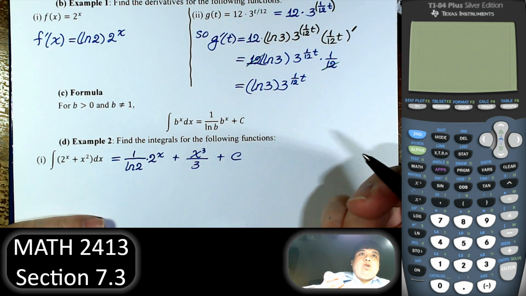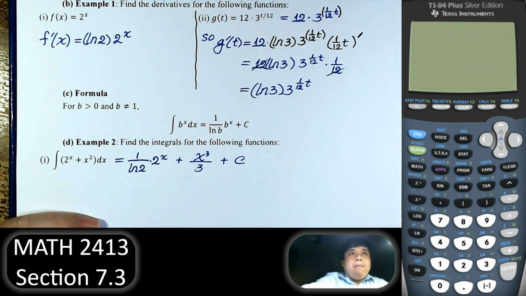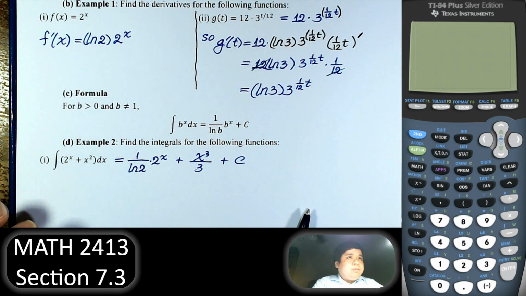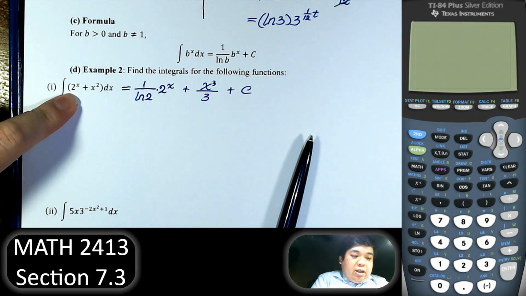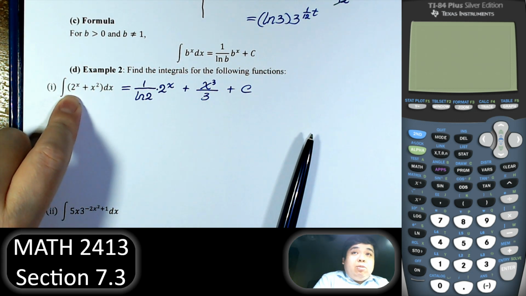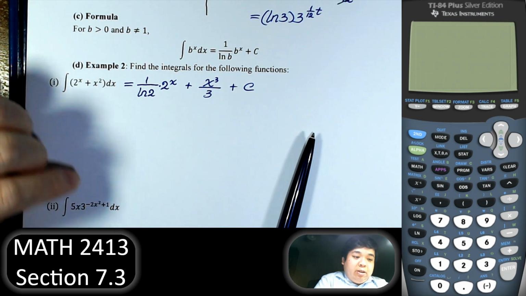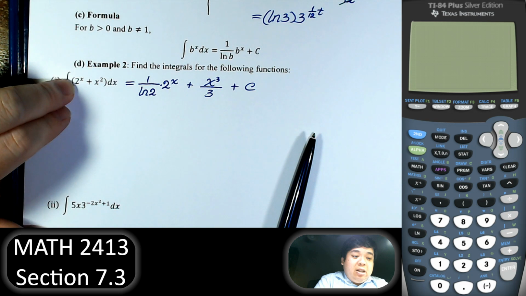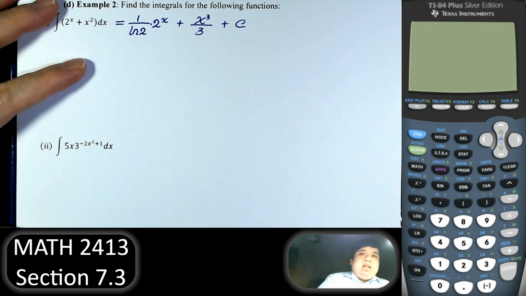And essentially that's all we have. Right. So for something to the x power, first divide by ln of the base, and then copy that term.